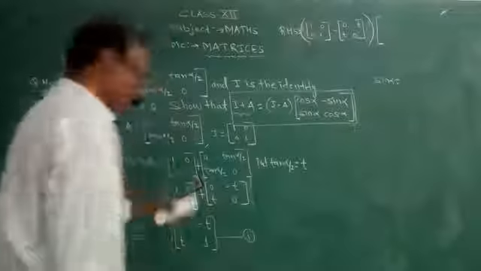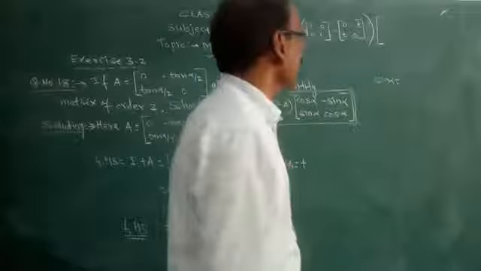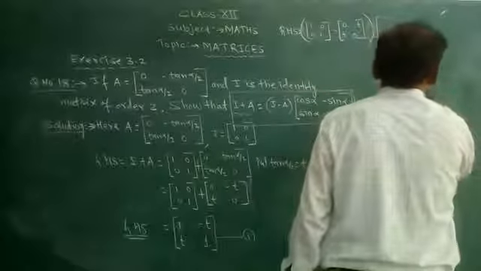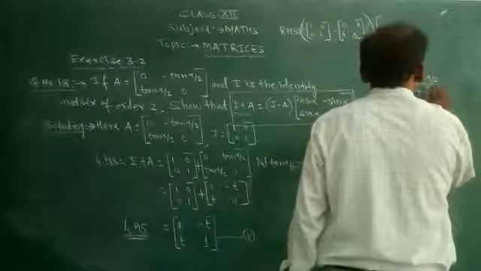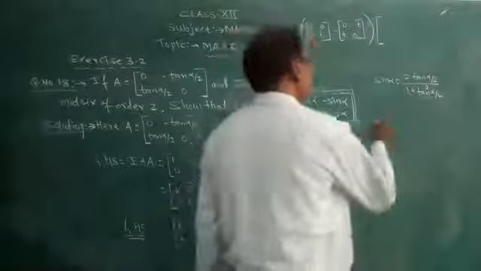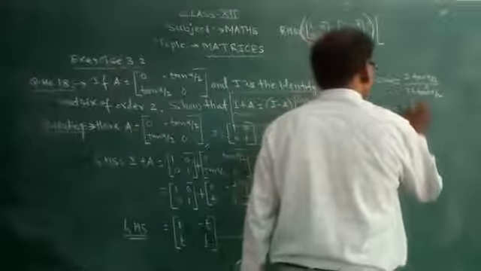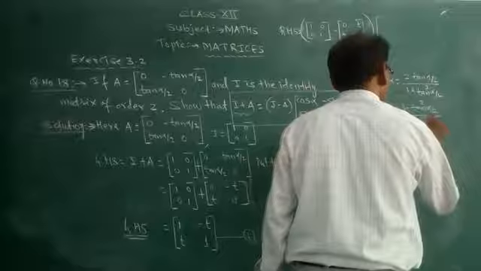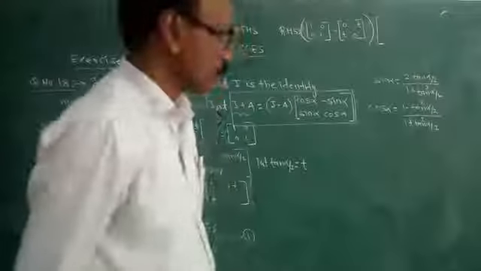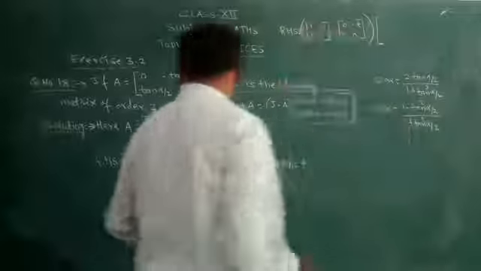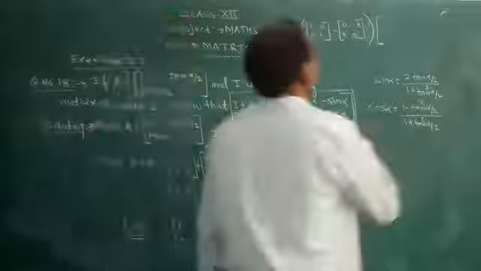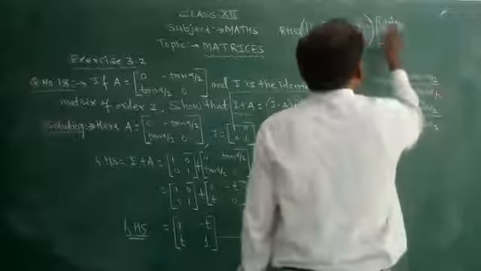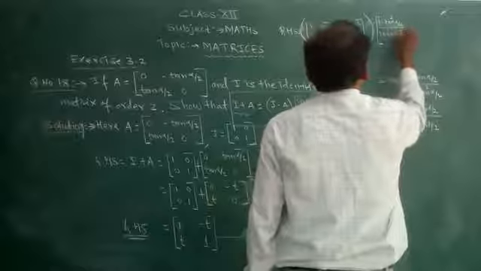In terms of tan alpha by 2, I can write sin alpha as 2 tan alpha by 2 upon 1 plus tan square alpha by 2, and cos alpha as 1 minus tan square alpha by 2 upon 1 plus tan square alpha by 2.